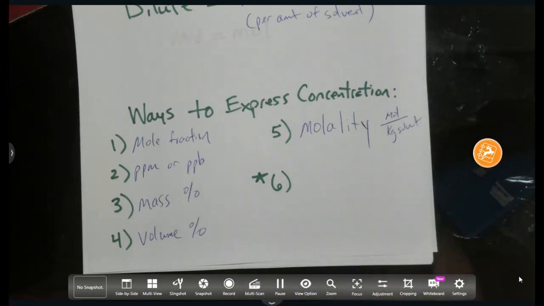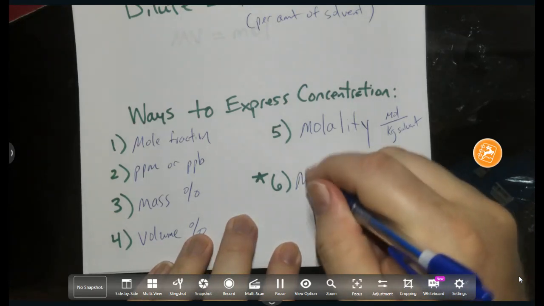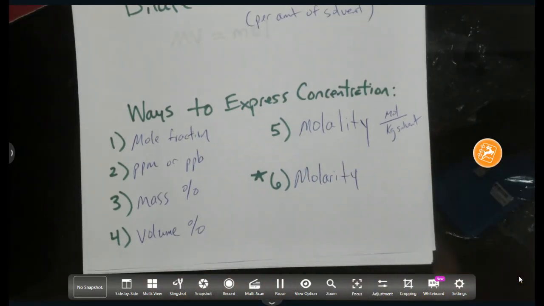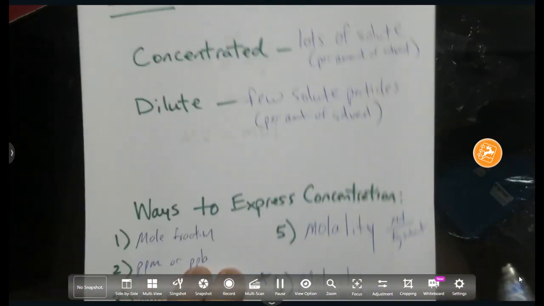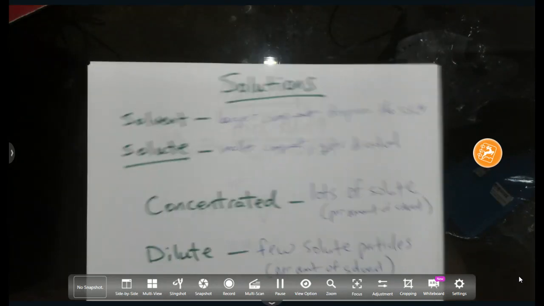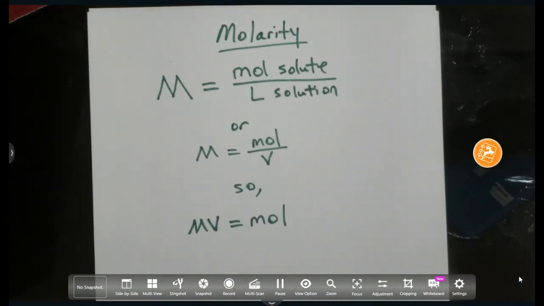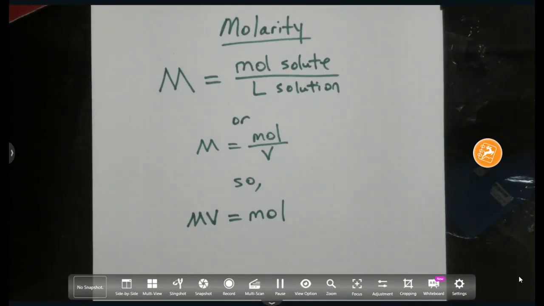But the one I really want to focus on is the one we're going to learn this year, molarity. I know those two words look the same, but molarity, we'll just go to the next page here, is defined as moles of solute per liters of solution.